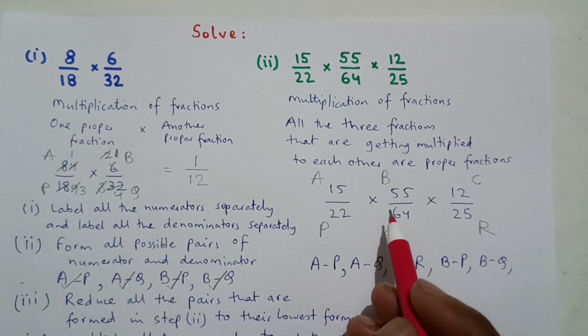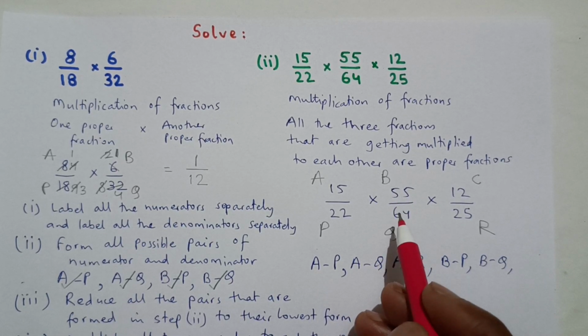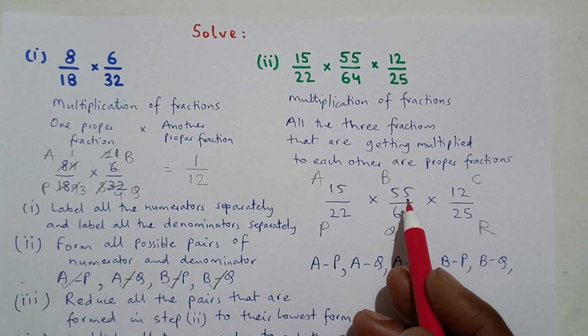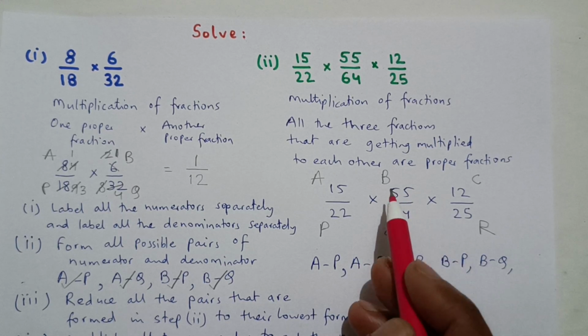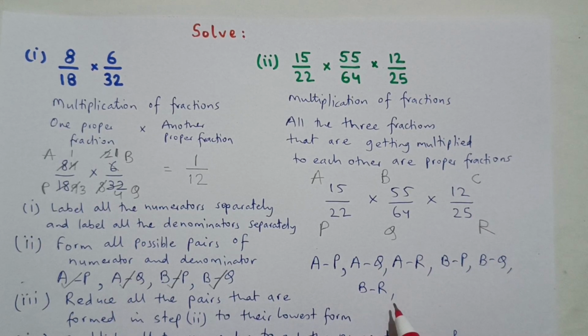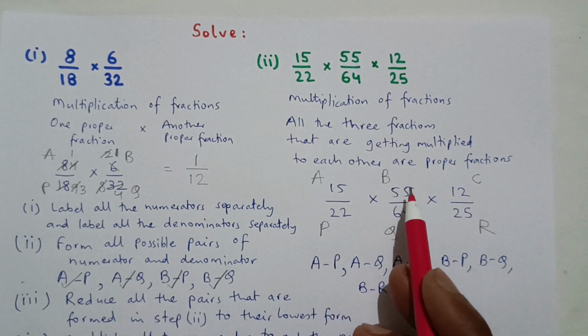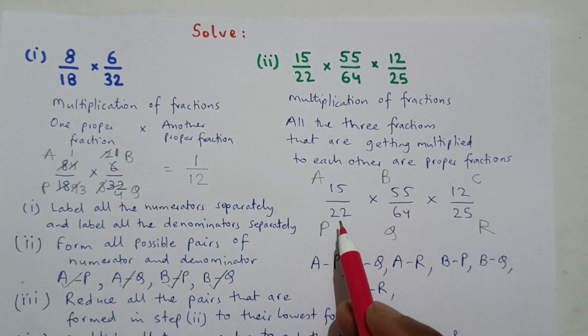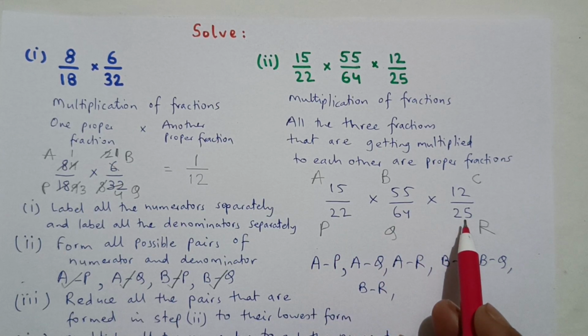And then another pair with numerator 55 is 55 by 25, so BR. So these three are numerator denominator pairs with numerator 55.